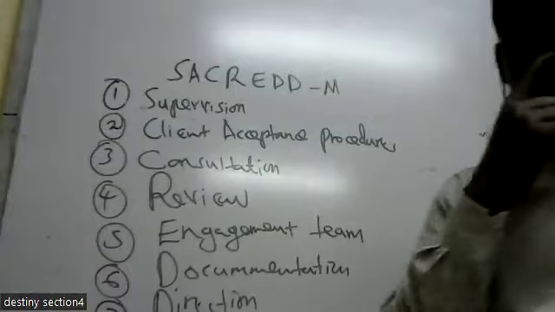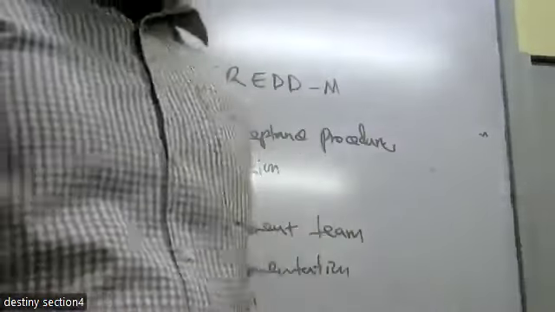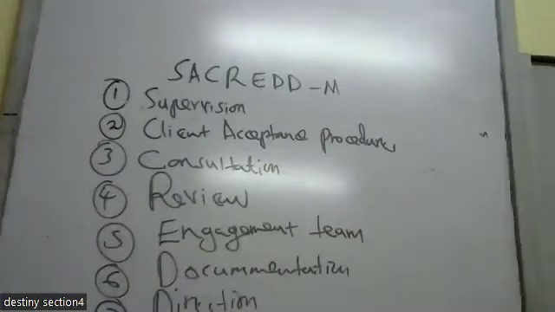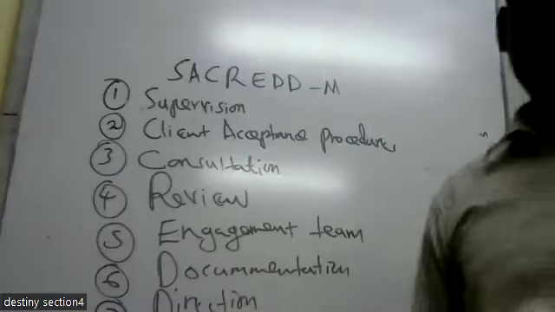C, to address significant matters arising during the audit. Any challenges that the members face should be addressed by the seniors. D, to check whether the audit staff are competent enough to carry out the work. E, to identify matters for further consultation. So those are things that happen in supervision.